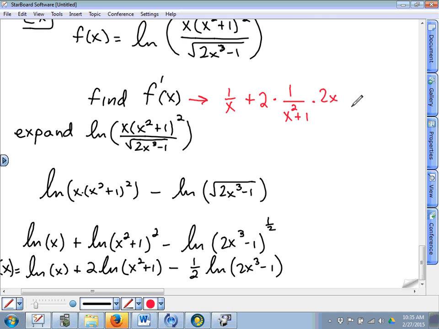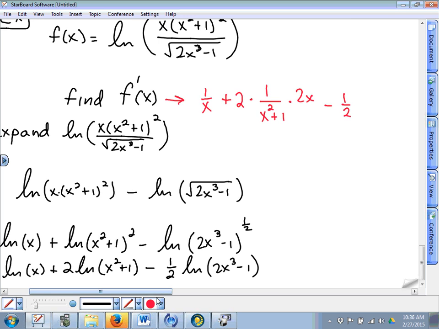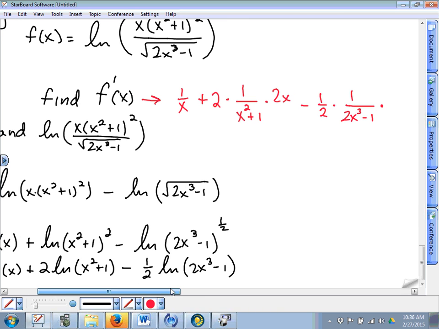Then we subtract 1/2, and then we multiply that by 1 over 2x to the third minus 1. But then we multiply that by the chain rule, 6x squared.